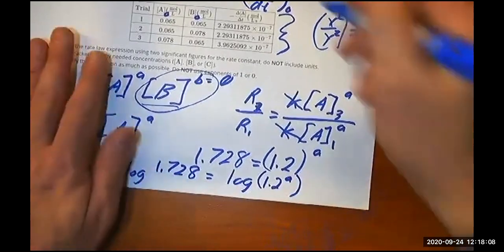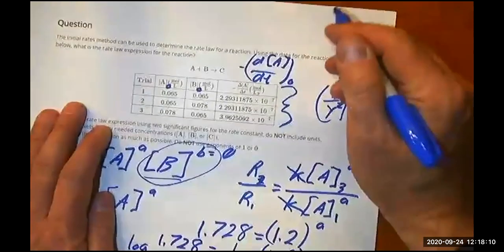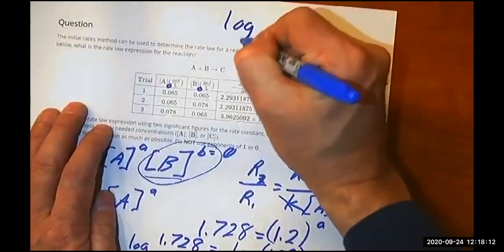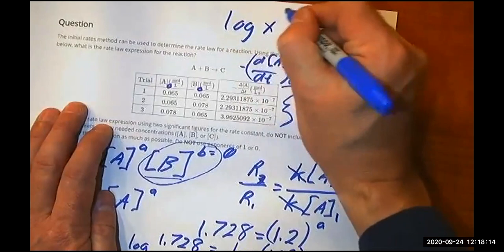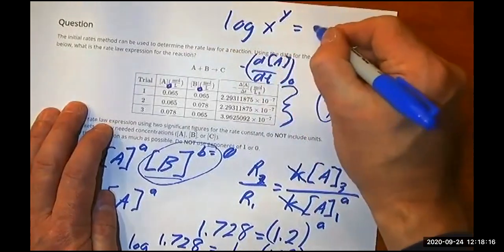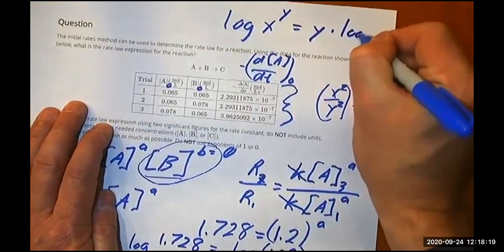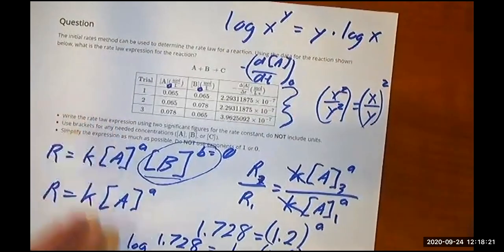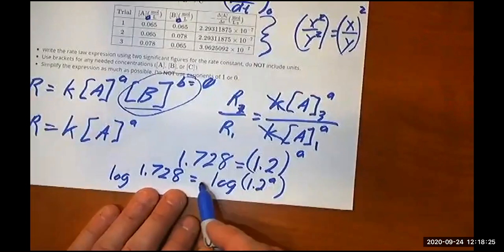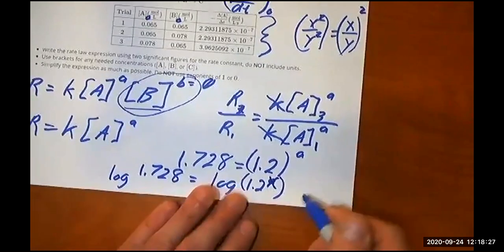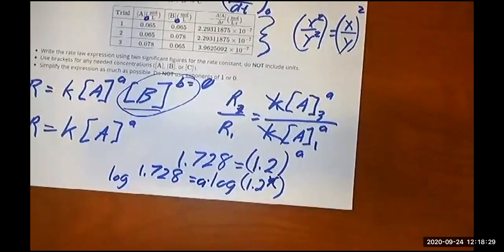Remember how logs work: if we have the log of x to the y, that equals y times the log of x. So we can bring that A out in front.